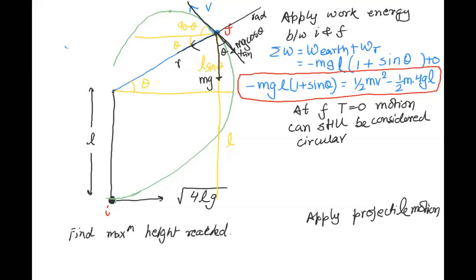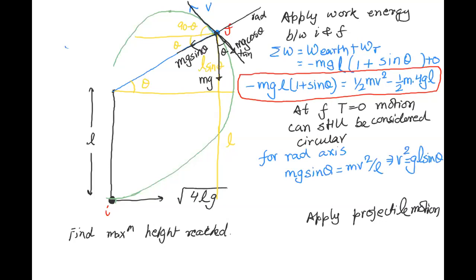This component is mg sine theta. So for the radial axis, I get mg sine theta equals mv square by r, which is L in this case. So v square is equal to gL sine theta. This is the second relation that we get.